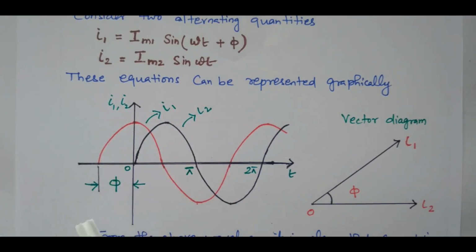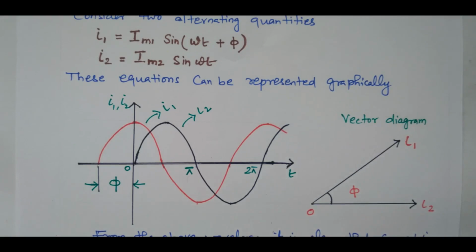In the previous case, lagging, I1 starts later. Here I1 starts early. So due to this, see the phasor diagram, this is I2, it starts at 0, but I1 starts with an angle of pi. It is leading, so it is given in the upward direction, the anti-clockwise direction. Upward direction.